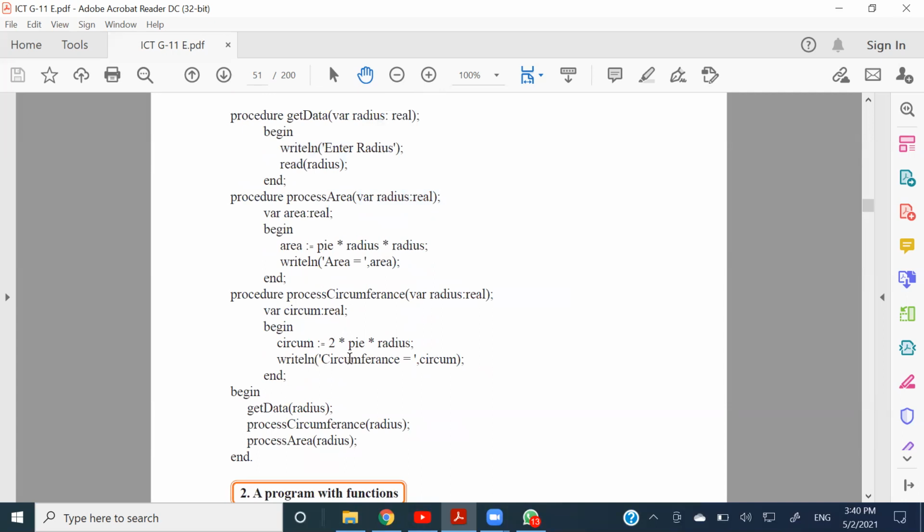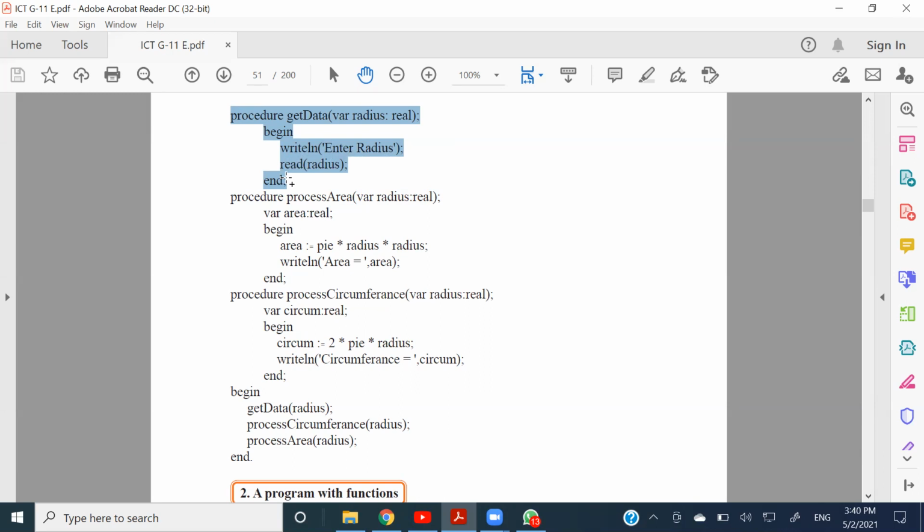So now the first procedure that executes is this. What is the next procedure that executes? Process circumference.